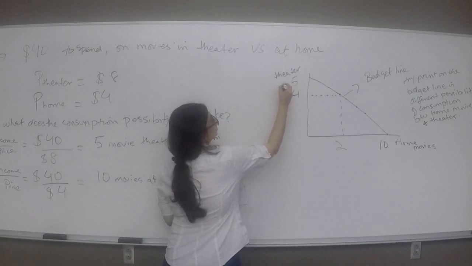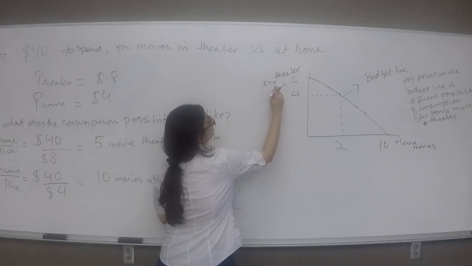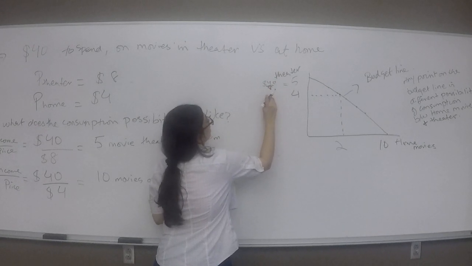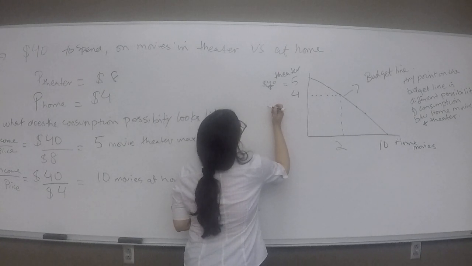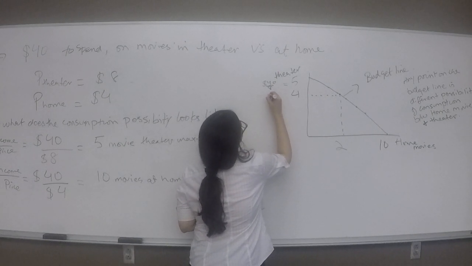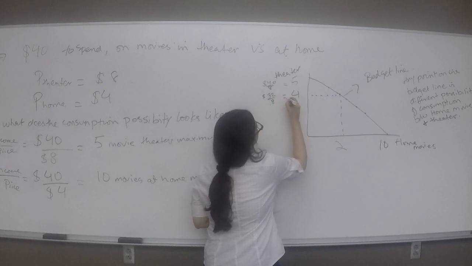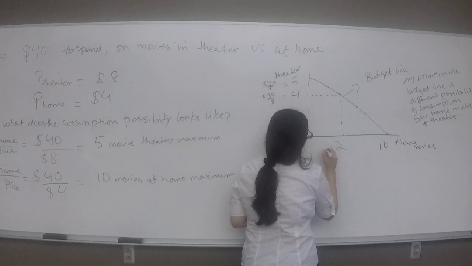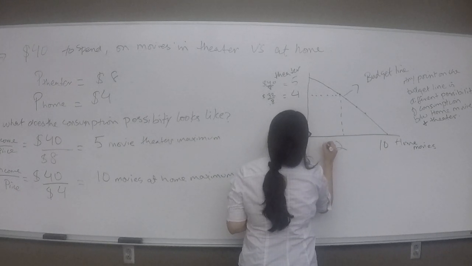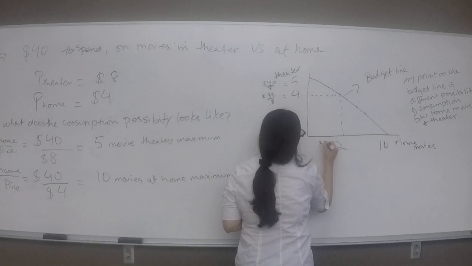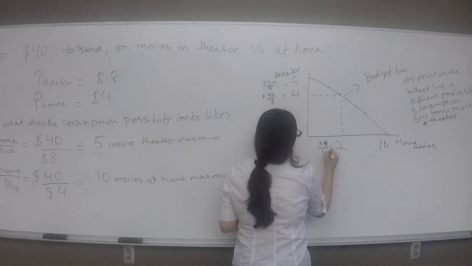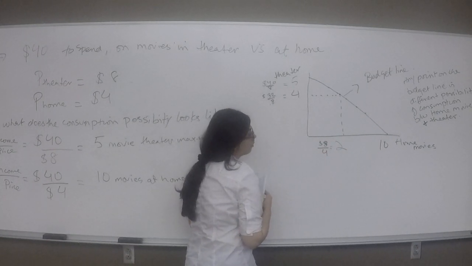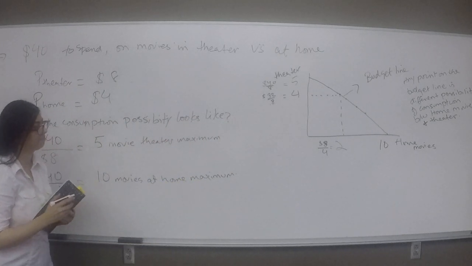So this is, you spend all $40 divided by 8. This is $8 divided by 4 per movie, right?